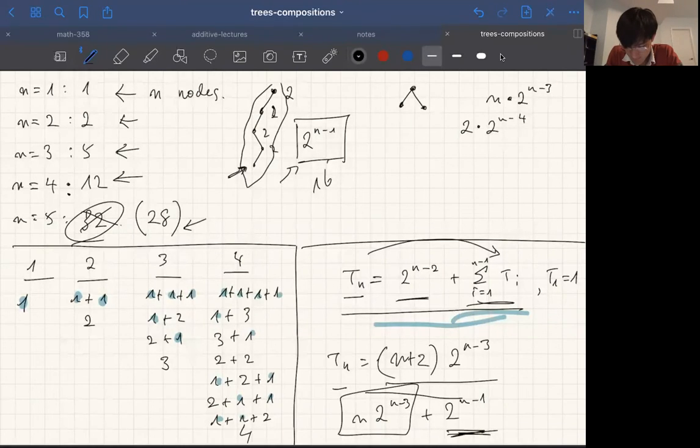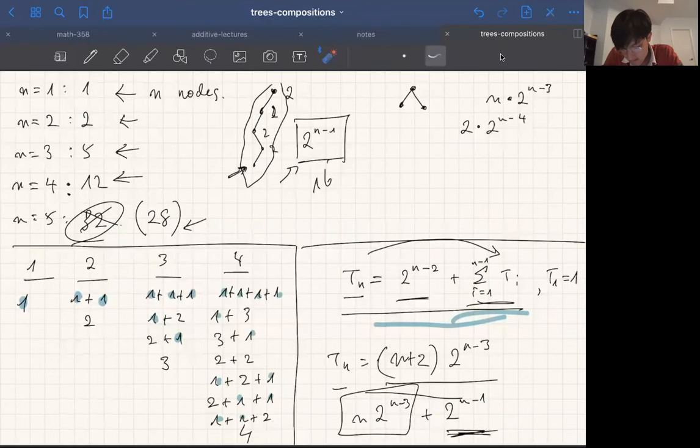Now, if we want to put 2 on the right, well, there are 4 ways, right? There's this one, this one, this one, and then this one. And we're definitely not overcounting because in this step we only counted the ones that had 1 child hanging from that left child of the root.